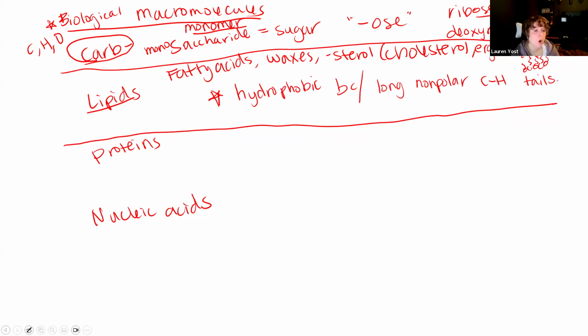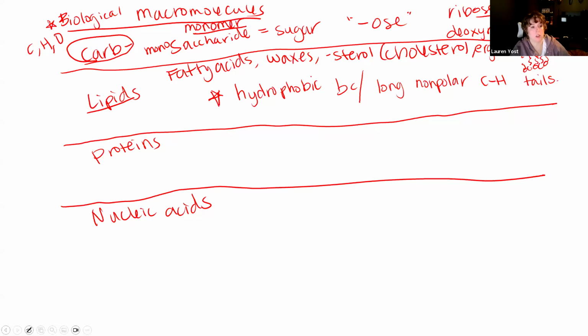It could be tails or it could be rings in the case of some of our waxes and our sterols, but they've got a lot of hydrocarbon action going on, a lot of equal sharing. They are mostly non-polar, and this usually lends to them not mixing well with water. Polar things mix well with water. Non-polar things do not mix well with water. So much so that no matter how much you shake that bottle of oil and water, that's always going to separate ultimately. All right, moving on.